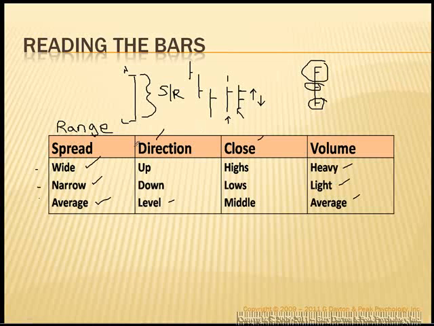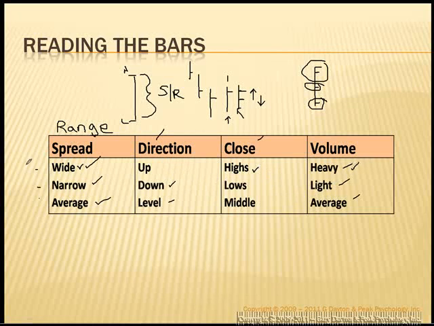All right, so by using this little cheat sheet, so to speak, this little 4x3 chart, we can describe any price bar and volume. We can have a wide range bar closing on its highs that's down from the previous bar on heavy volume.